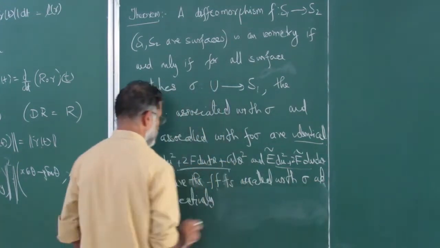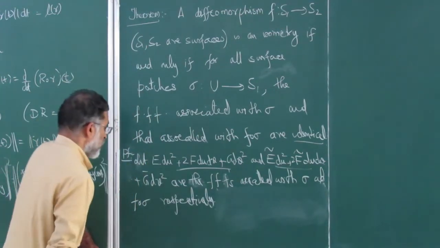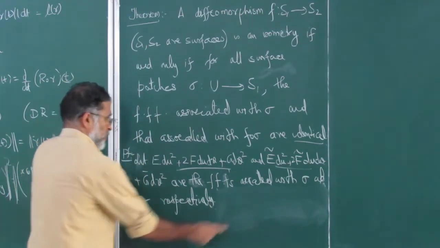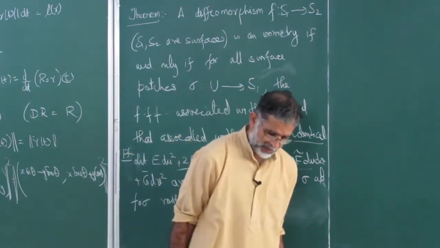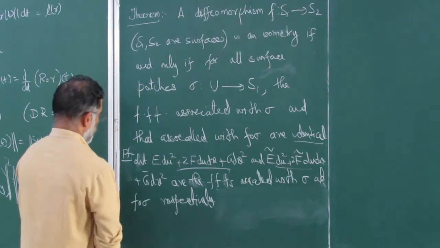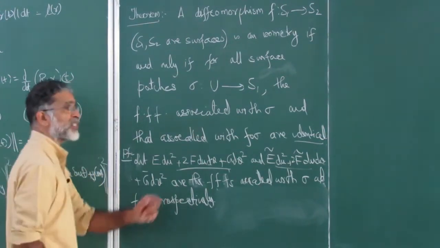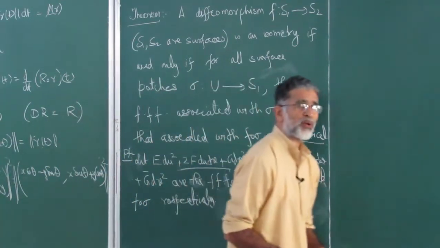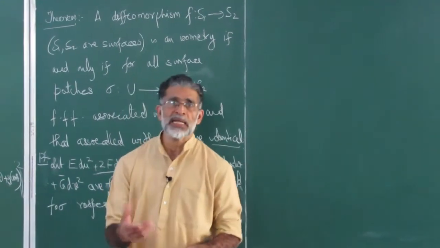Suppose you take this, okay? Now first thing, we are supposed to prove that E equal to E tilde, F equal to F tilde, and G equal to G tilde. That's what we are supposed to prove, okay? So let us fix a point, because these are functions. To show functions are equal, you are supposed to prove that the functions are equal at any given point.